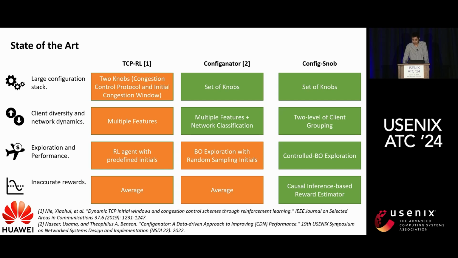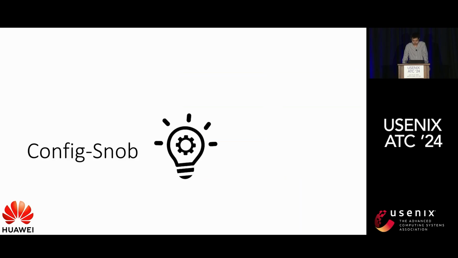So here we design a reward estimator technique based on causal inference to provide an efficient and robust prediction of the impact of the changes of the configurations. Next, we will explore how Config-Snob enhances web server performance.